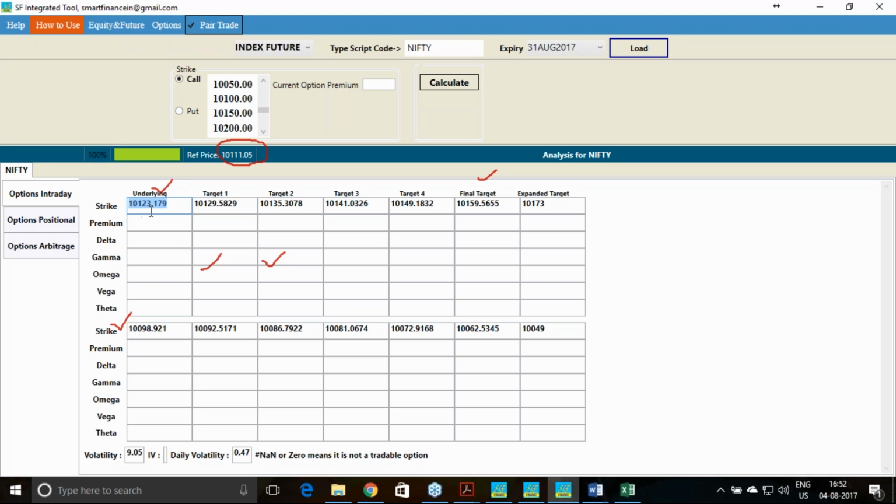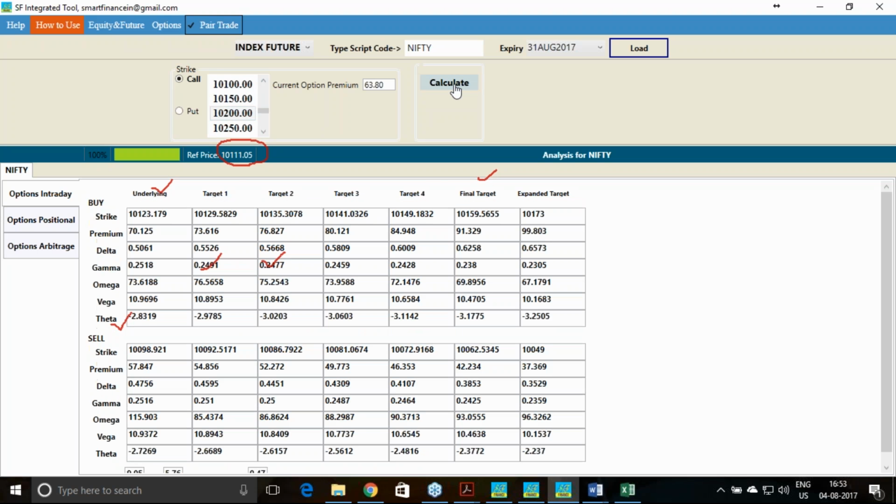Any strike above 10,100, so I can buy 10,100, 150, 200. But if you go beyond that, buying a ₹1 option to make ₹50, that kind of thing it will not analyze. So go for some standard strikes: 10,100, 150, 200. So just calculate. Currently it is at 63, buy at 70, keep a stop loss of 58.